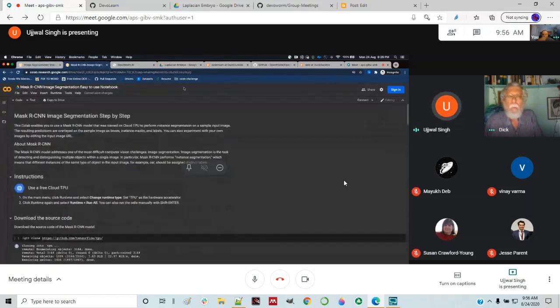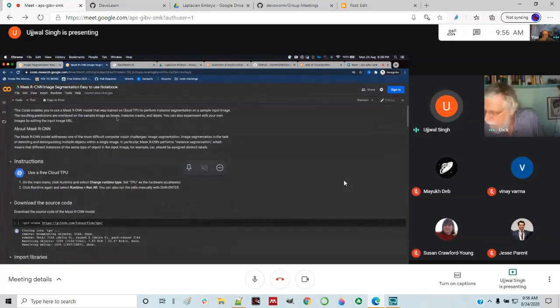And the Mask R-CNN notebook is for people who, when doing image segmentation, don't want to get deep into what Mask R-CNN is doing. If a biologist is doing something, he doesn't want to go deep into Mask R-CNN. He just wants to get his segmentation done so that he can focus on his biological domain.